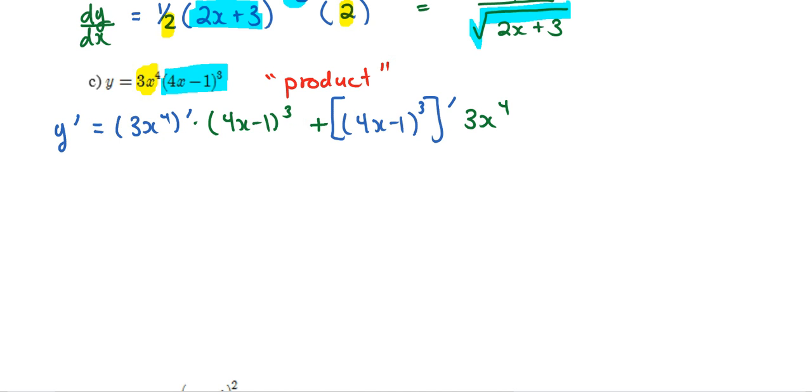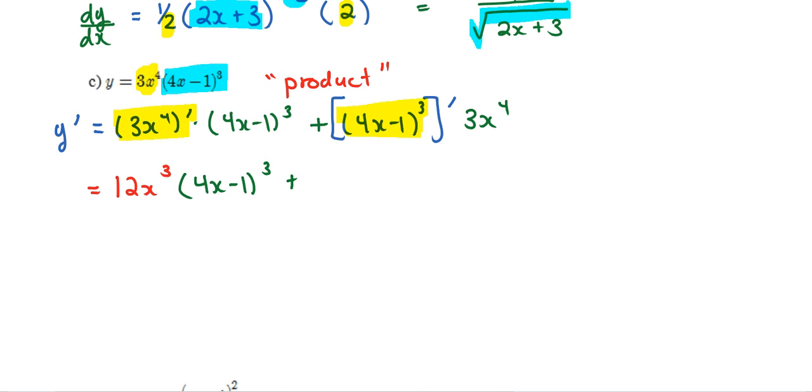So if I want to take the derivative of 3x^4, that's going to be 12x^3, and then I'm going to times that by (4x - 1)^3. Okay, and then I need to carry down my plus sign, and then I need to take the derivative of this guy right here, (4x - 1)^3.